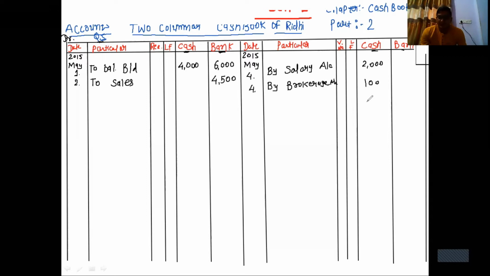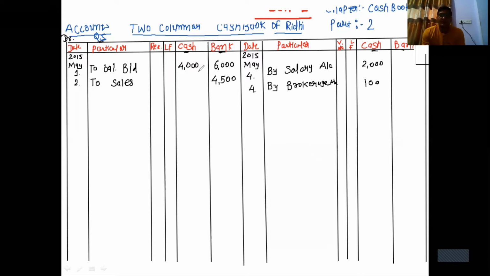Okay. Next one, rupees 3,000 withdrawn from the bank for personal use. Here we have withdrawn from the bank for personal use. It means bank balance decreases. From the bank, cash goes out, but does not come into the business. It comes to our home because it is our personal expense.